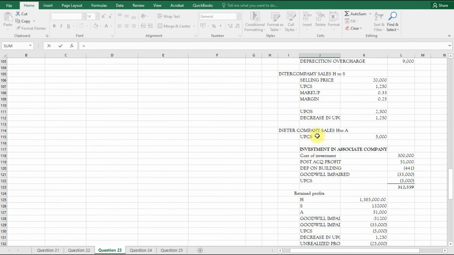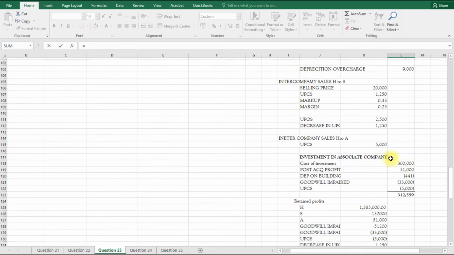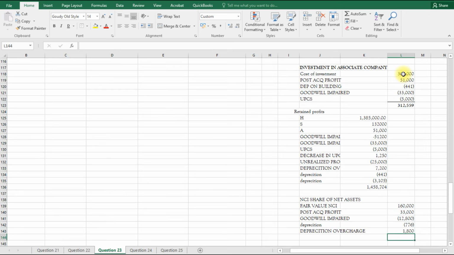After that we have the depreciation overcharge. Depreciation overcharge here, and for the overcharge we shall add our share of this by 20%, 1800.